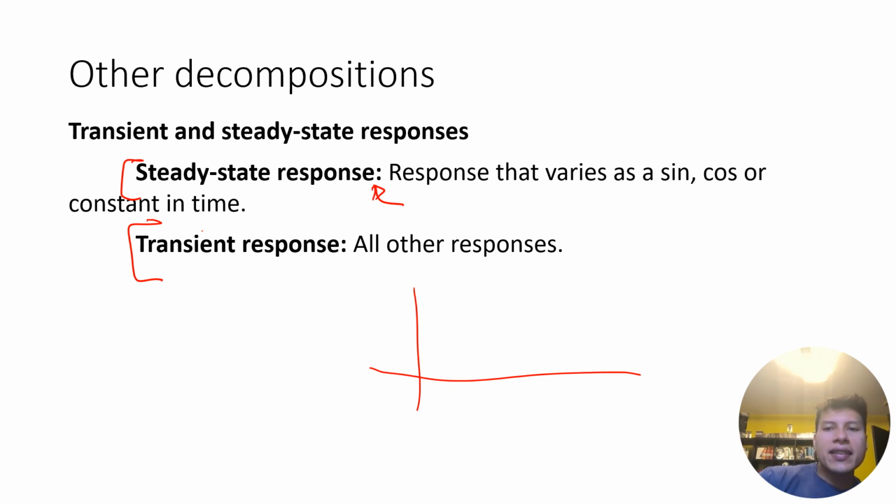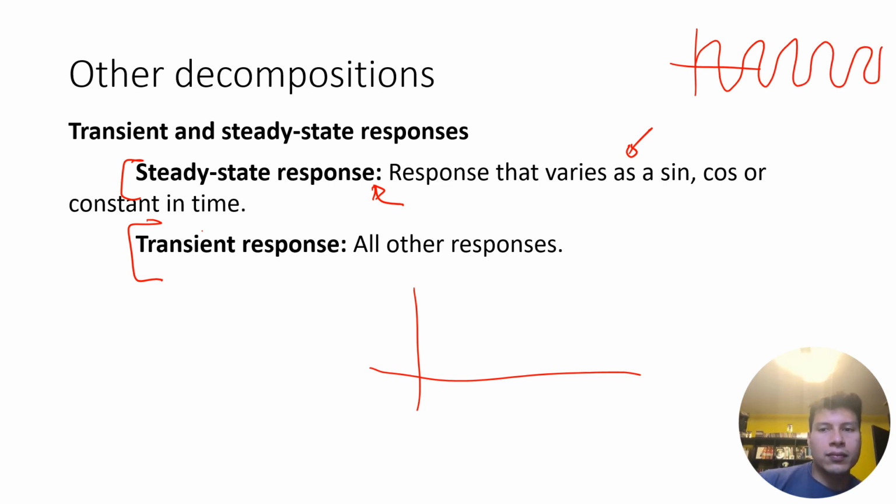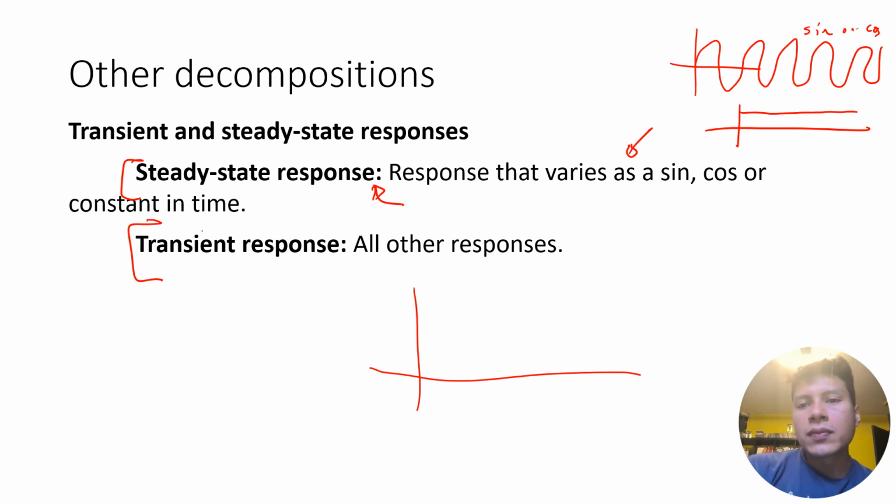So the steady state will always be either a sine or a cosine, or a constant in time, which you can think of as a cosine with frequency 0. That's what we would call the steady state response. As it turns out, when you did phasors, what you were actually looking for was the steady state response of the circuits. So you already have some experience with the steady state.